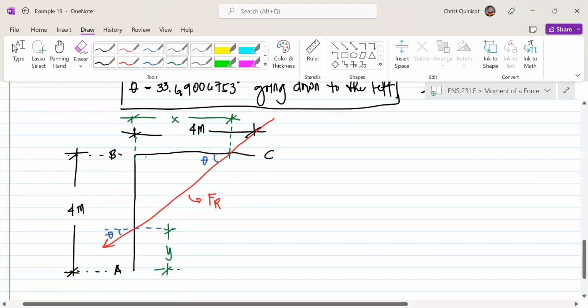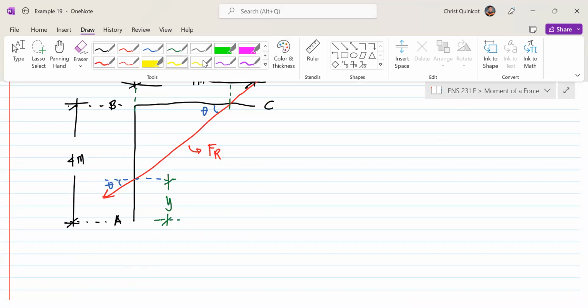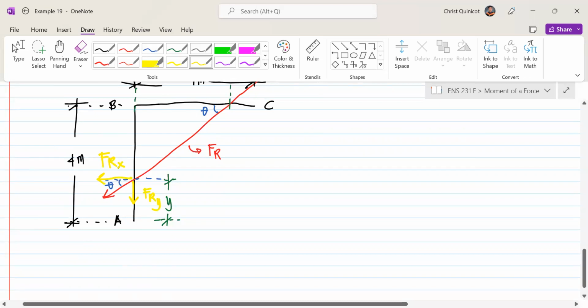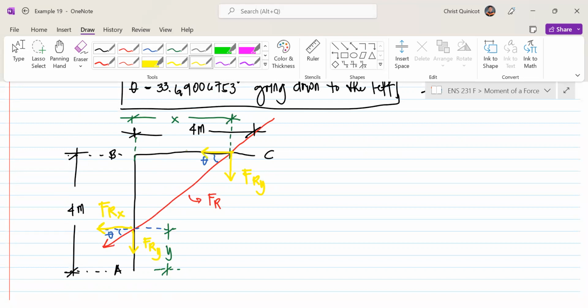If we follow the principle of transmissibility, within the line of action we have our F sub Ry going down, sorry, F sub Ry, and we have our F sub Rx. Using transmissibility, we can also write our force here with the same value, F sub Ry going down and F sub Rx going to the left.